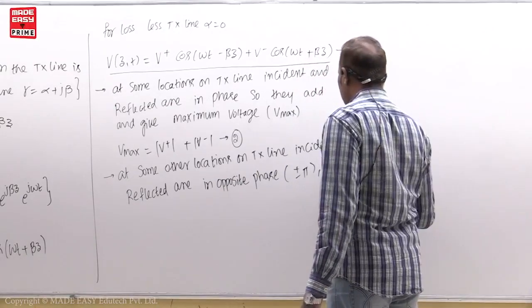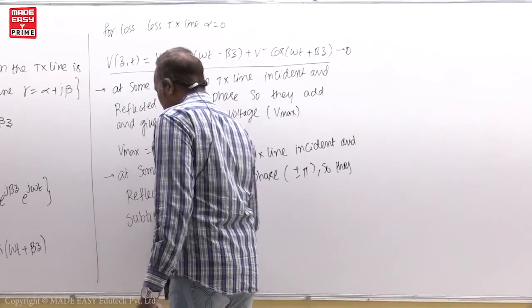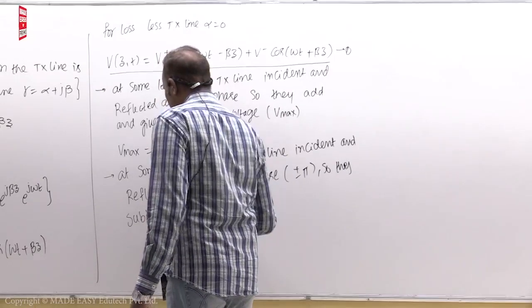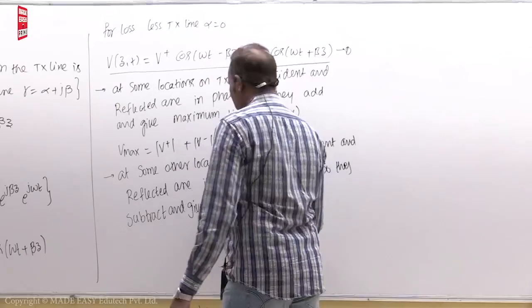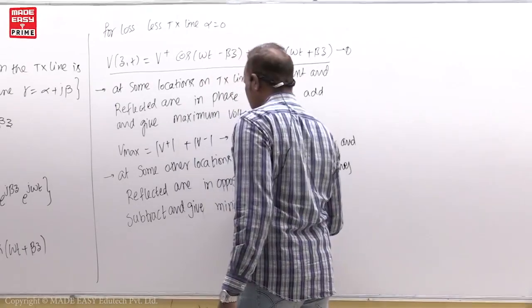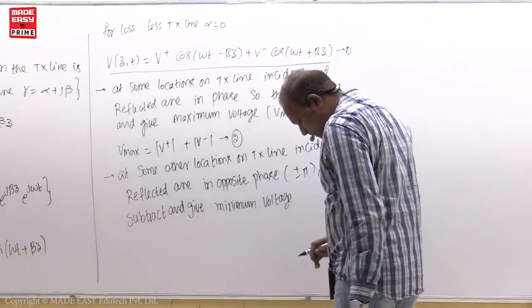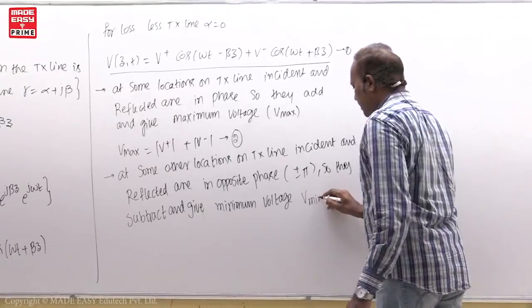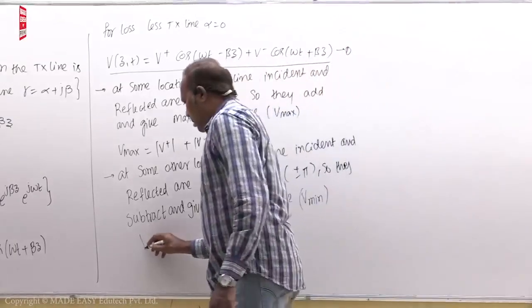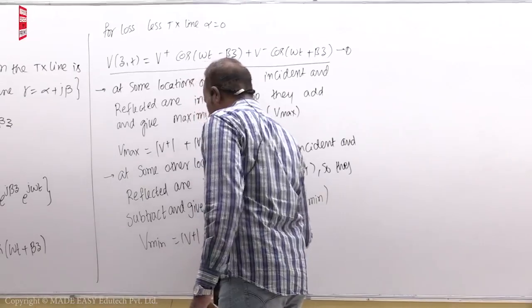So they subtract and give minimum voltage, V minimum. So that V minimum is equal to V plus minus V minus.